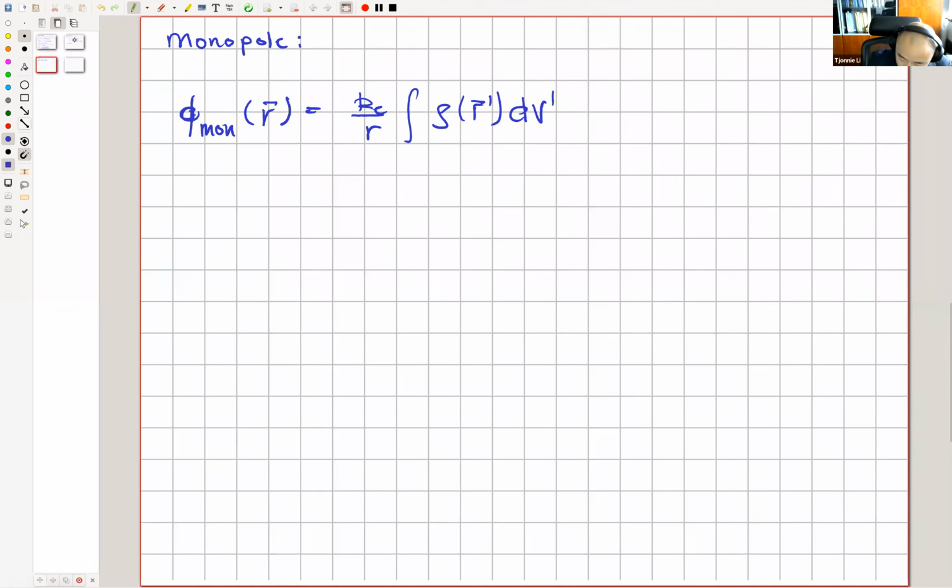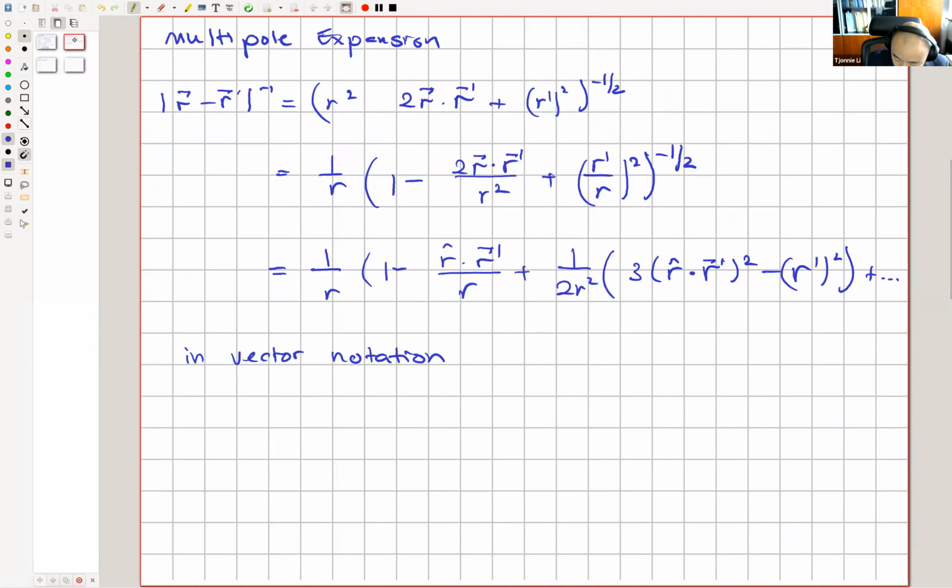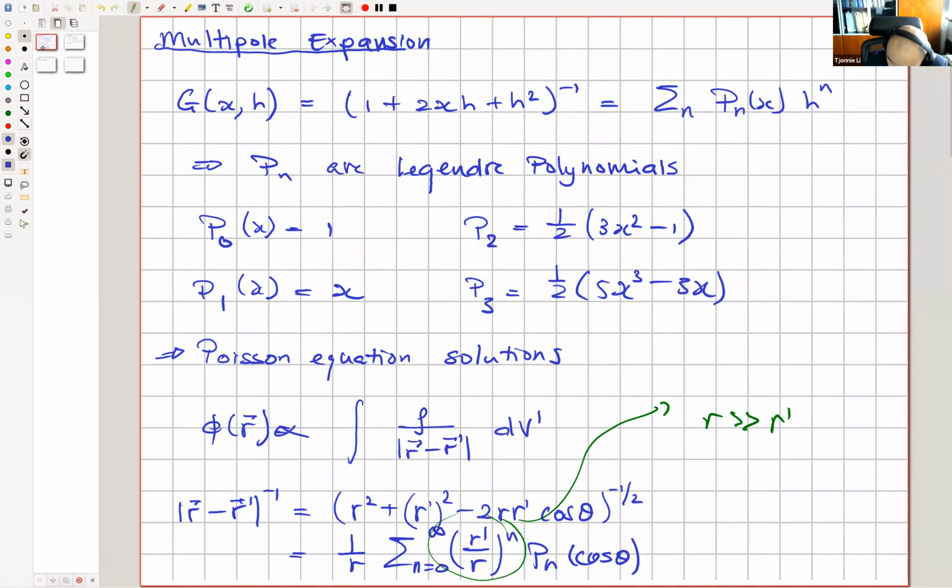Okay, and of course, if I look at this form over here, then indeed the first order is just 1 over R, because this is n equals 0, and P of 0 is simply 1.